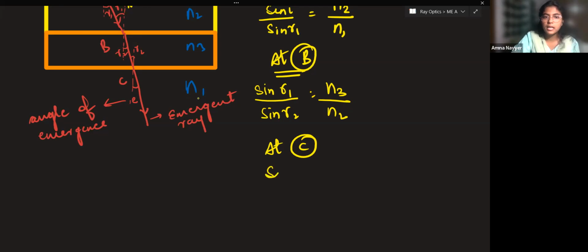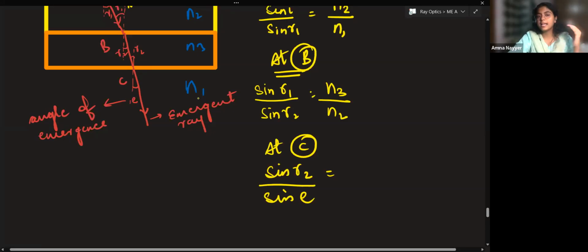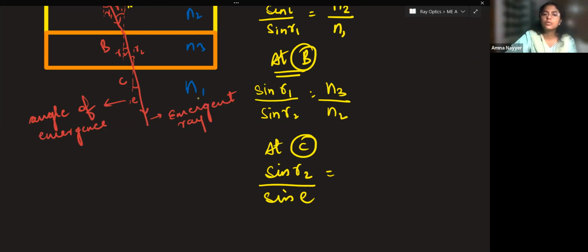Sine R2 by sine E will be equal to, again, the medium in which the ray has entered. This is N1. Why N1? Because this is back to air. The light ray is coming back to the surrounding that was air. So we'll write N1 by N3.